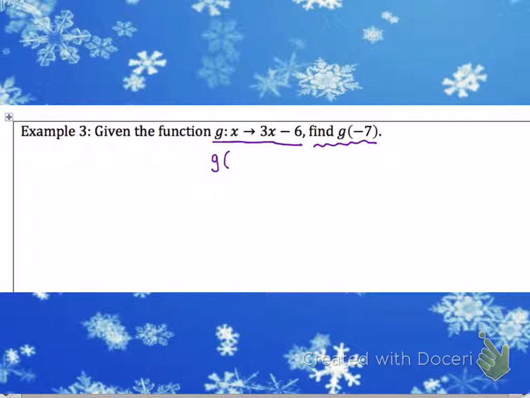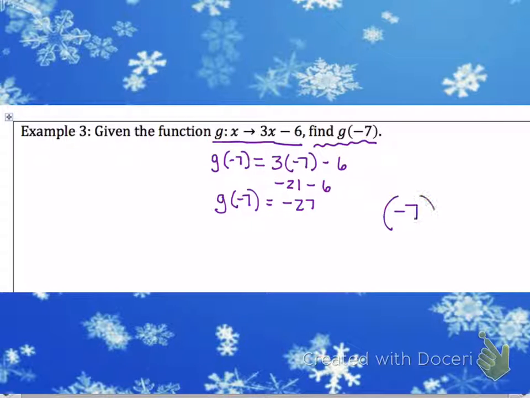So we're looking at g of -7 being equal to 3 times -7 minus 6. 3 times -7 is -21, minus 6 is -27. So g of -7 is equal to -27. Now this is still an xy coordinate. Your x is -7 and your y is -27. Input, output.